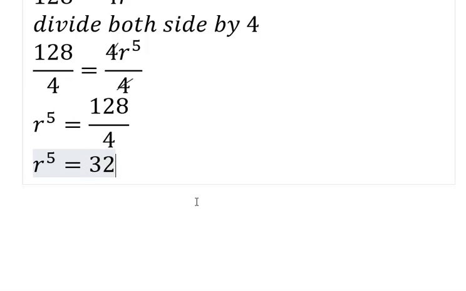Awesome. Now we're actually looking for R, not R raised to power 5. So what can we do? We are going to fifth root both sides. That's what we're going to do, so that our fifth root can cancel this raised to power 5. So let's fifth root both sides. That's what we're going to do.